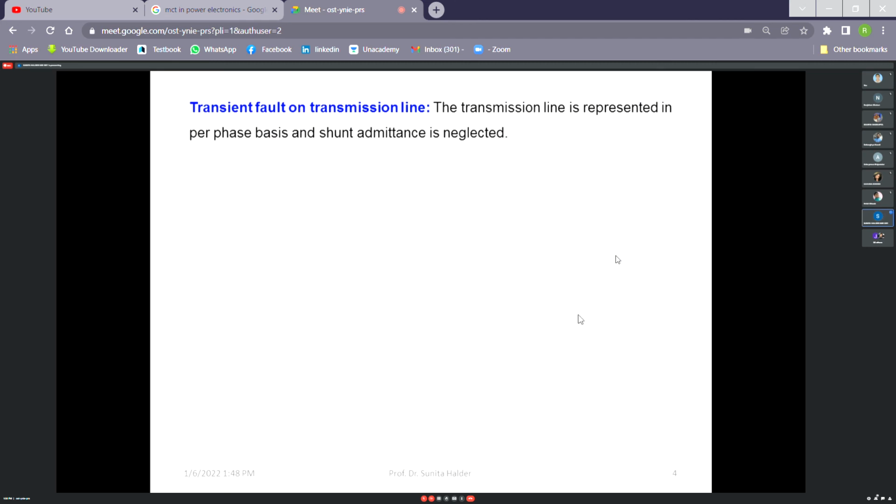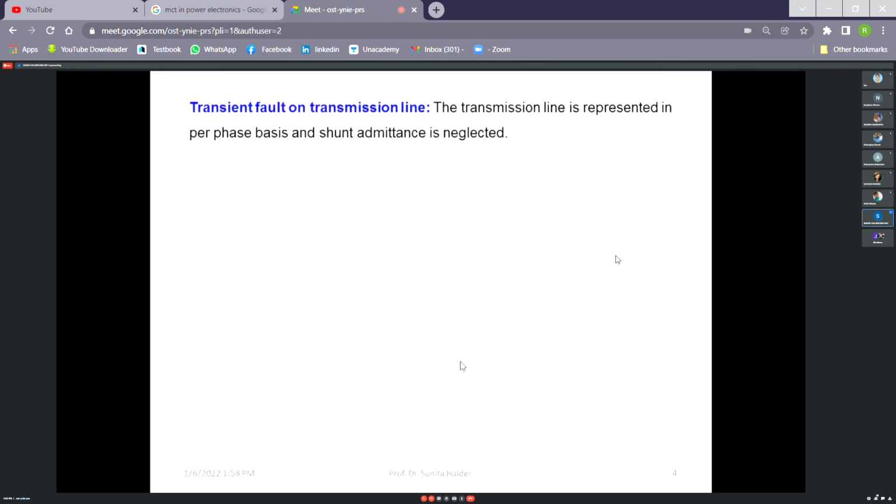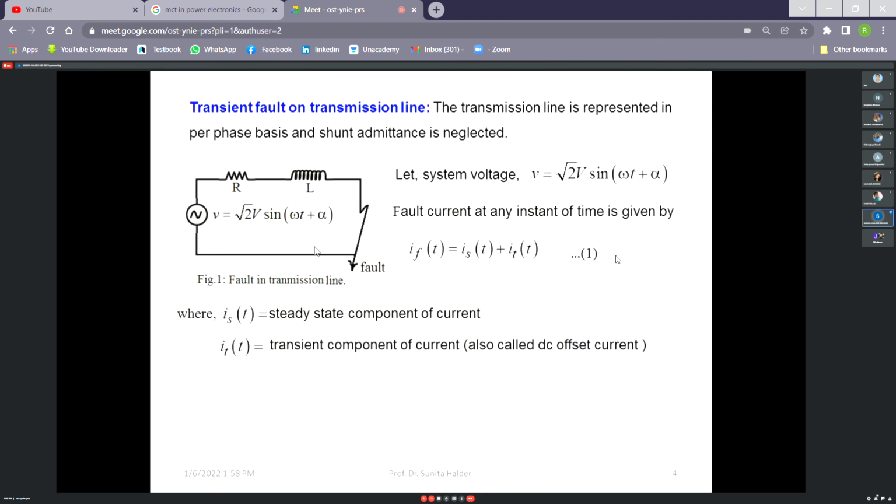Now, say there is a fault in the transmission line. We may represent the transmission line by a resistance and inductance. Why not the shunt capacitor? Because when there is a fault, the shunt capacitor contribution is very low.